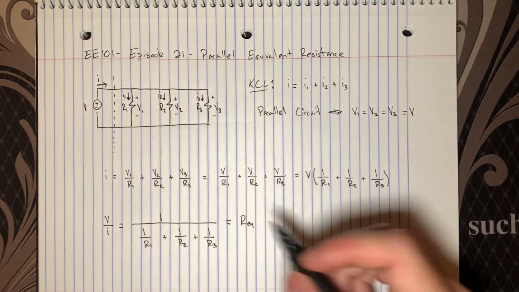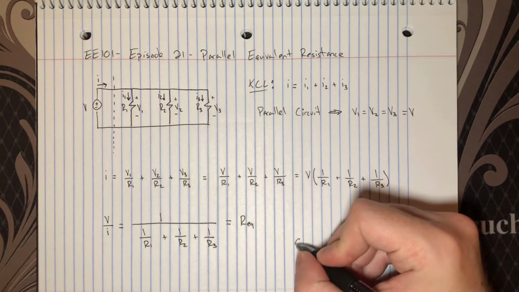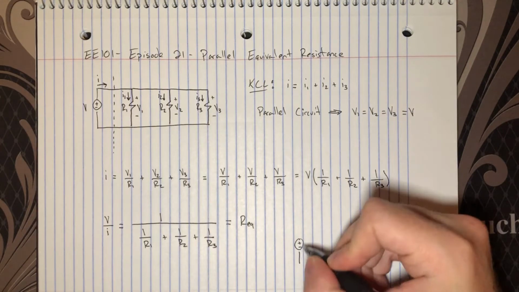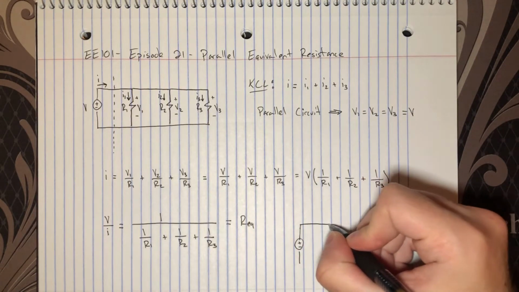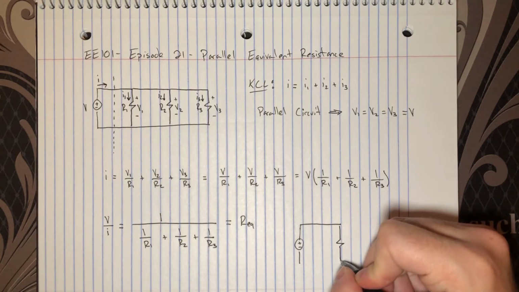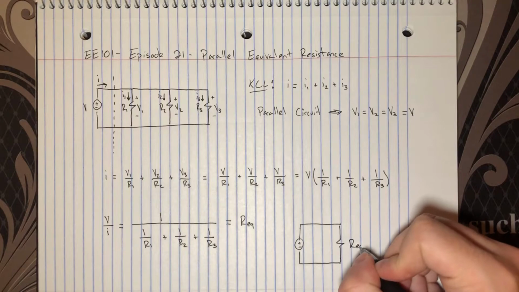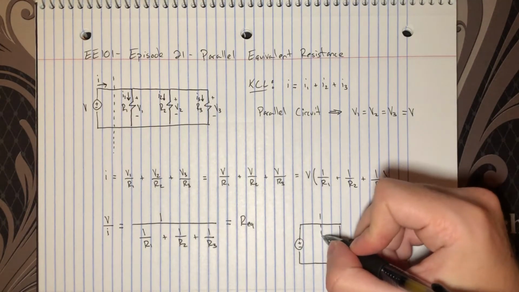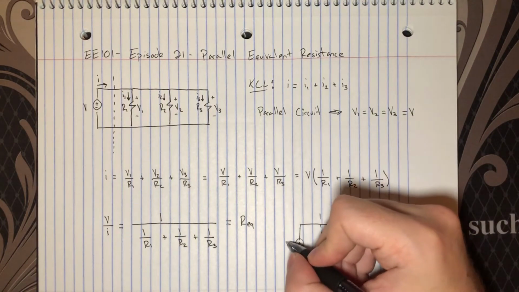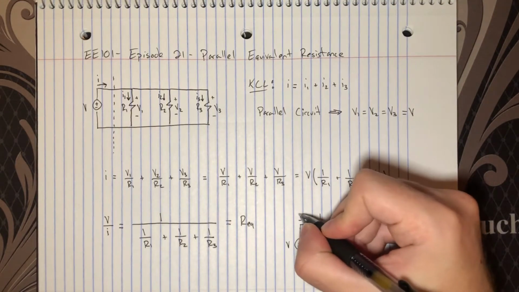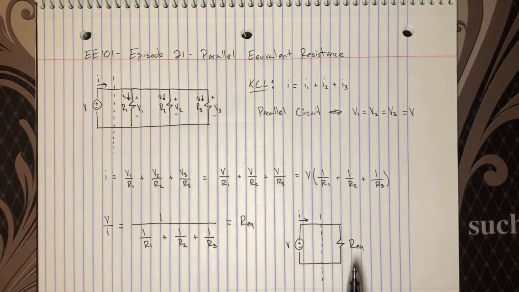And in this case, if you allow me to redraw our model circuit, we have now formulated or identified some value for a resistance that could be substituted in this case and yield identical behavior or performance in this circuit.